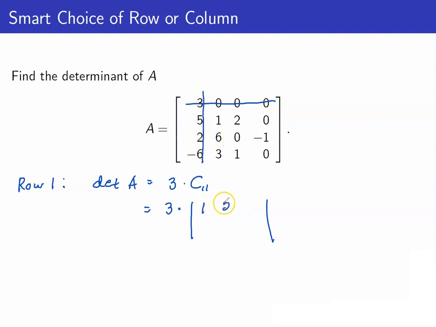We have 1, 2, 0, 6, 0, negative 1, 3, 1, 0. And then this is a 3 by 3 matrix. So you can use the previous formula that we had earlier, or you can use cofactor expansion. Again, it doesn't really matter. Now, in this case, I will just make use of the previous method.